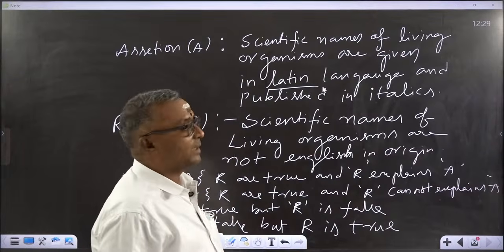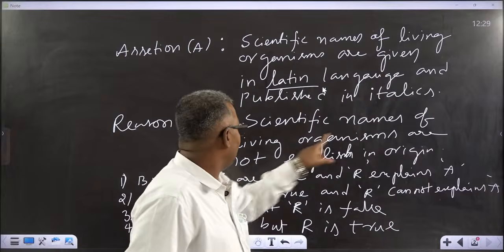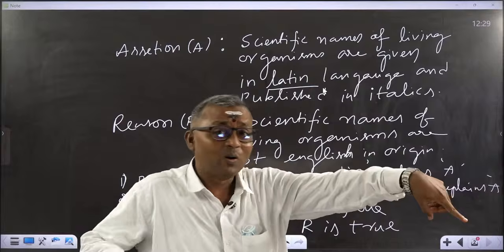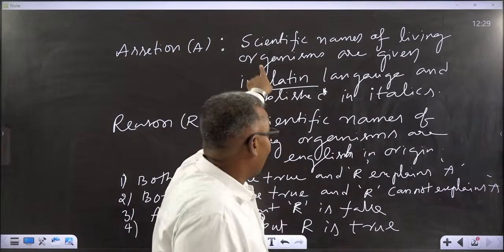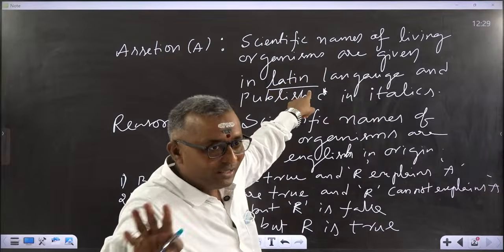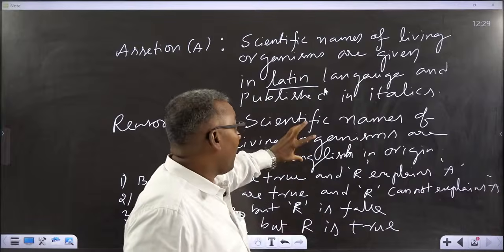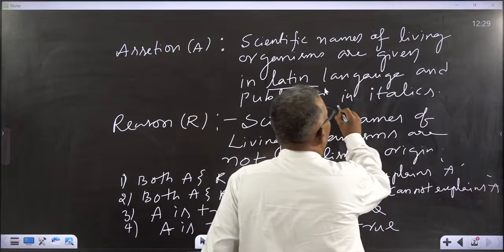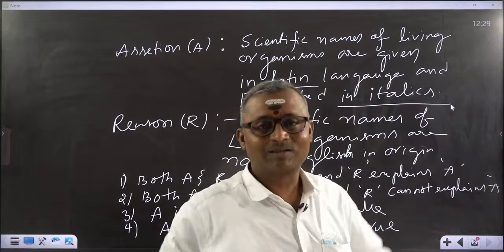But if you look into the region, I gave just one reason: scientific names of living organisms are not English in origin. I already told why. Because they are Latin in origin, they are not English in origin. That's why, to indicate that their origin is not English, you publish these scientific names in italics.